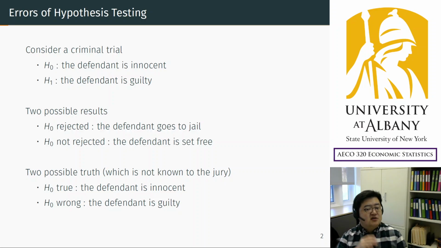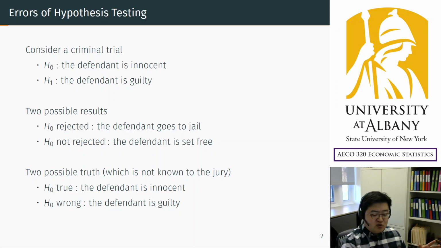You conclude the defendant is guilty. But if you do not reject the null hypothesis, and the evidence is not strong enough to conclude guilt, then the defendant will be set free, of course. So there are two possible results depending on your decision.